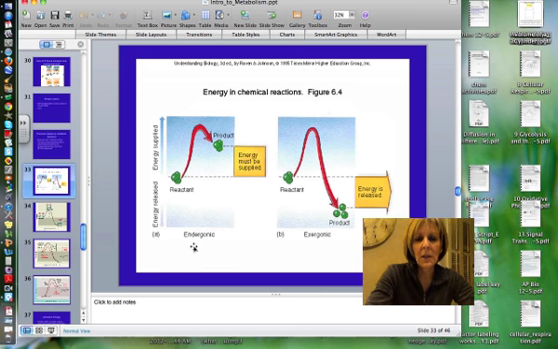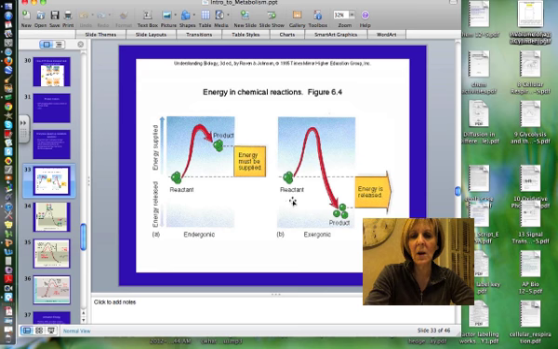So look, guys, here's an example of an endergonic reaction. I know it's endergonic because my products actually have more energy here. And so it's an endergonic reaction, but still I have to have some activation energy that needs to be put into the system to be able to have the products be formed.